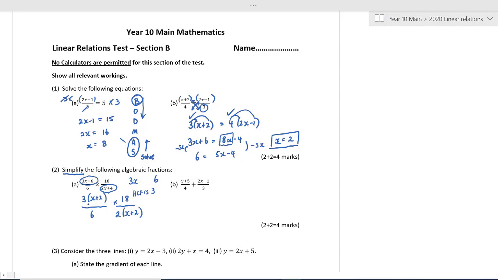So when you're multiplying, you can cancel those out, can't you? And likewise, we could work our way across and down. It's really up to you. If you wanted to, you could go that 6 goes into 18 3 times, and then we could go across. 3 times 3 is 9, and we've got a 2 left on the bottom. So there you go. 9 over 2 is your answer. We've actually cancelled out those values of x.